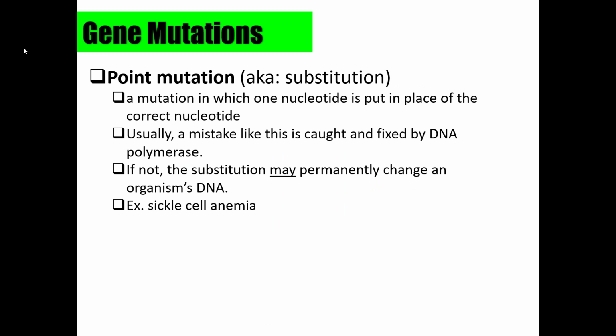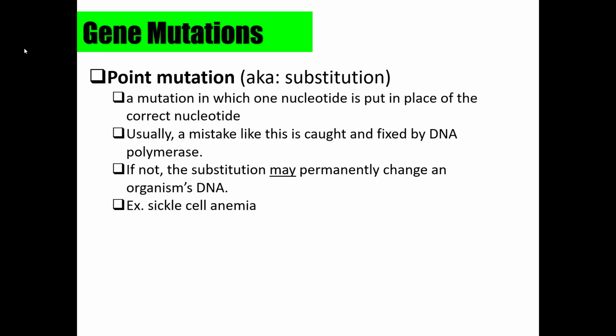But an example of a substitution mutation that does have a tremendous impact on an organism is sickle cell anemia. And if you don't know, sickle cell anemia is a blood disorder, and it's caused by a substitution mutation where a single nucleotide in the DNA sequence is substituted for another.